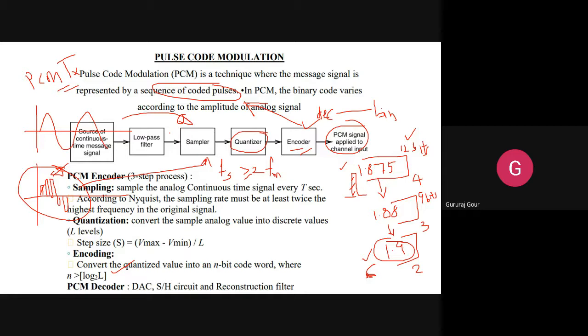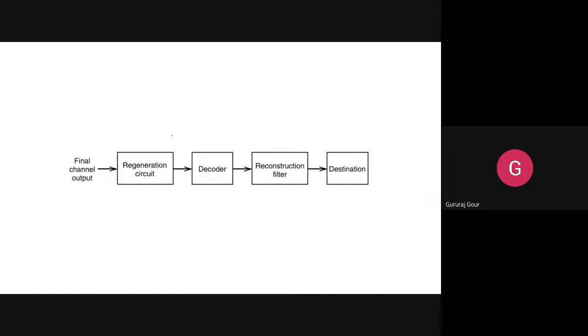Understanding this one? So in the next slide we can see it is a receiver. This is the PCM receiver. Whatever the encoded signal is there, 11000011, all those things, is coming here.